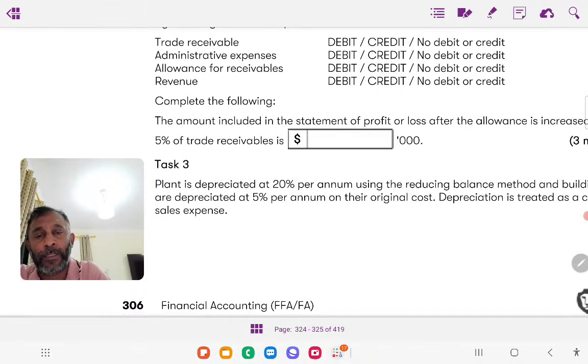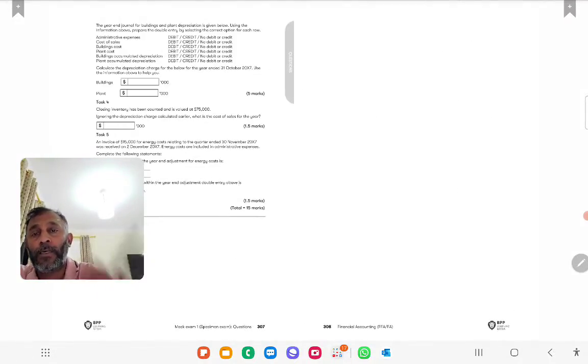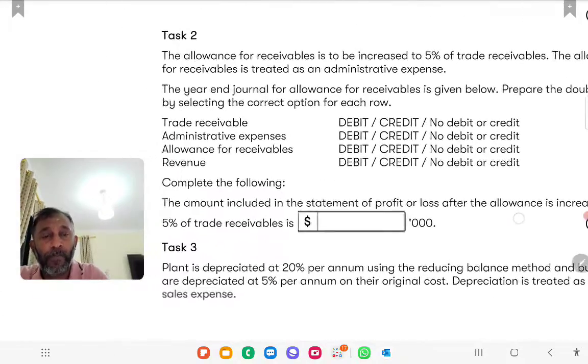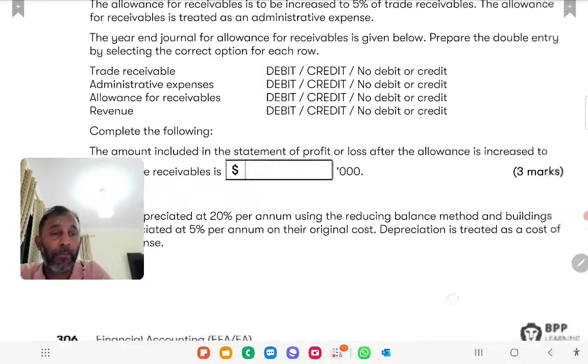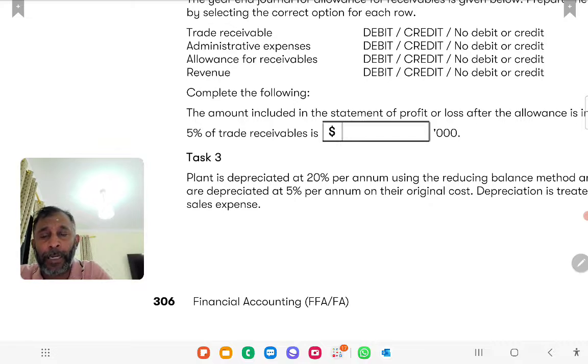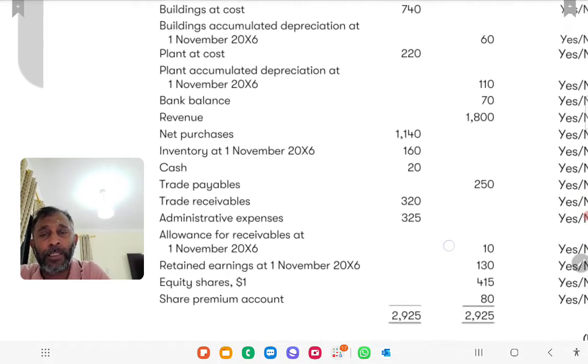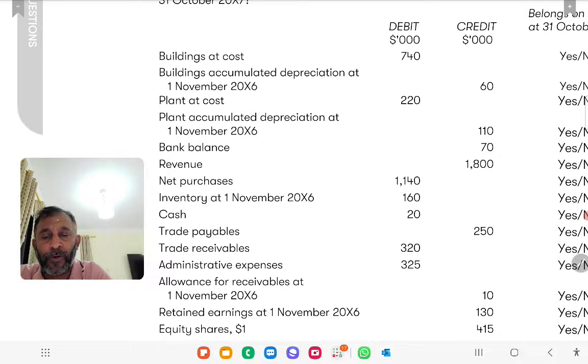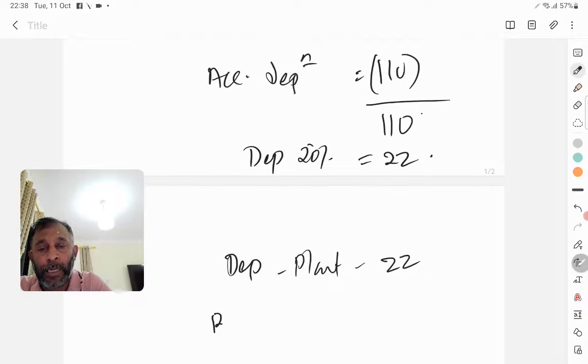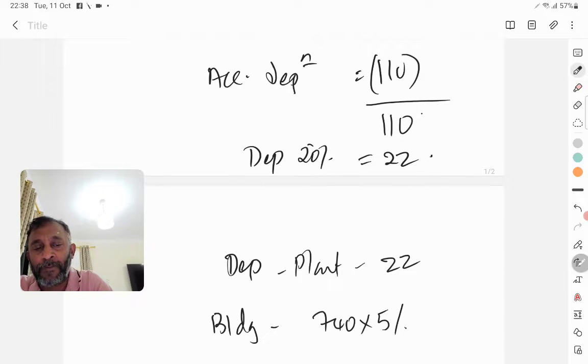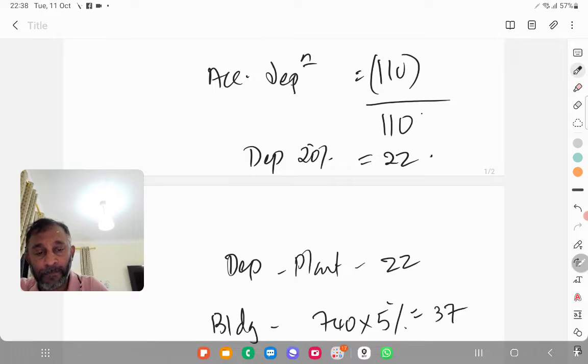The next one, buildings. What is the policy? Building is 5% per annum. So we need to check the trial balance. Building cost 740. So 740 into 5%, that is 37. Let me check.